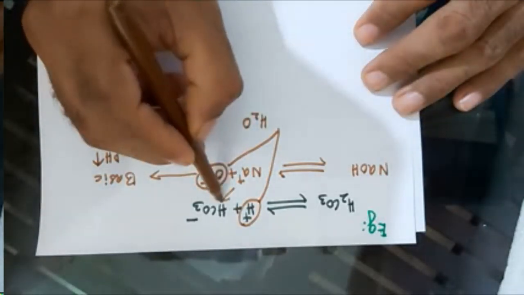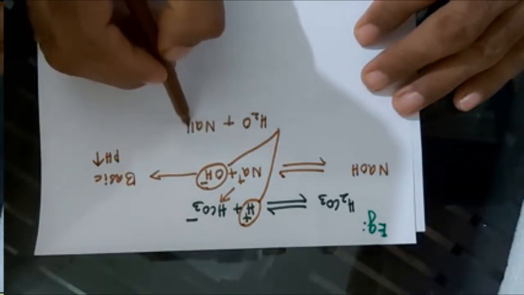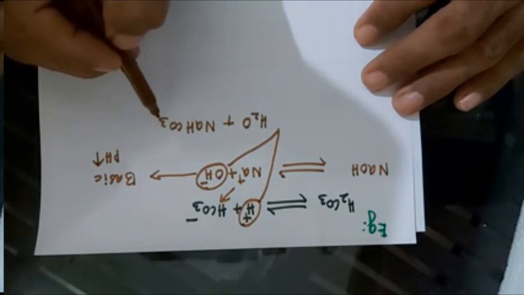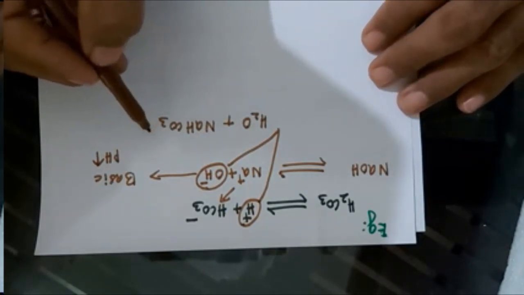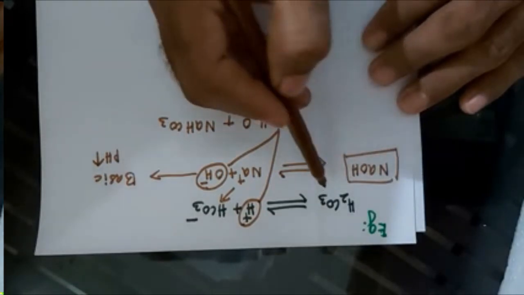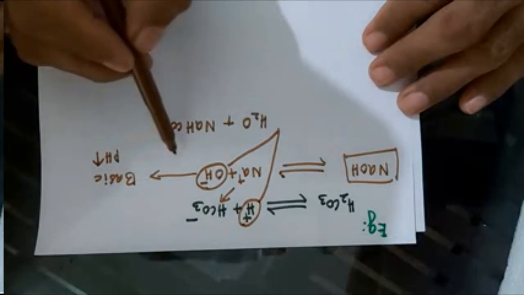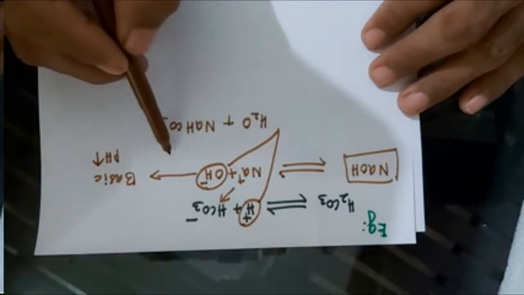Now these two combine together to form what? NaHCO3, sodium bicarbonate. So here the addition of an alkali into a system has been neutralized so that the pH is maintained.